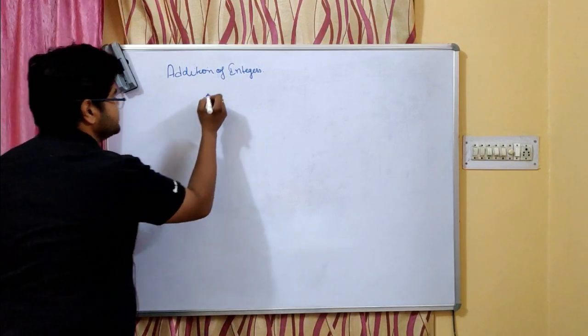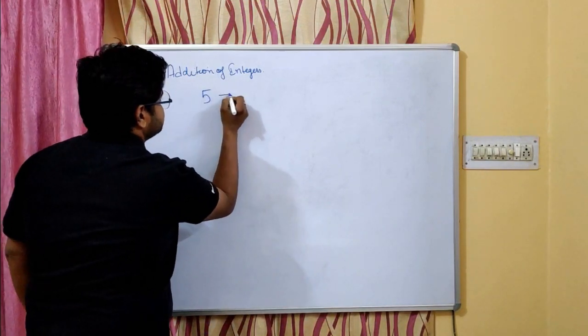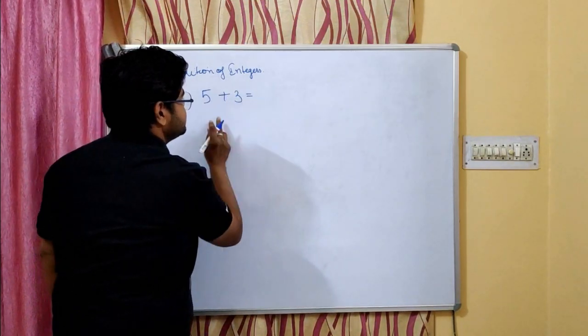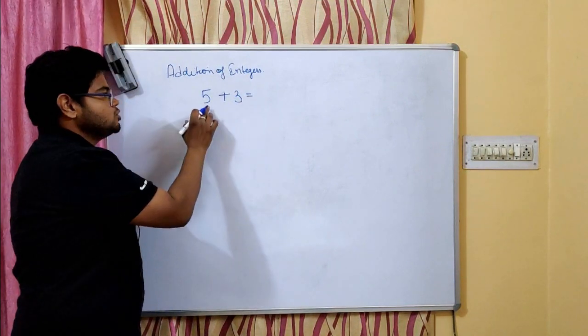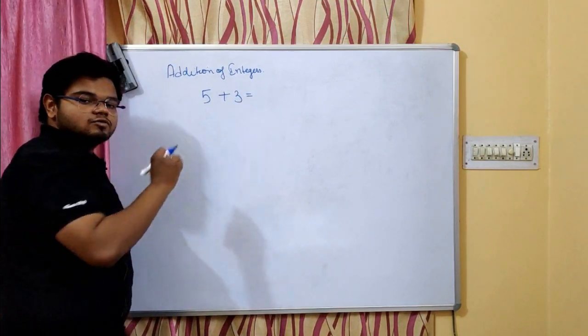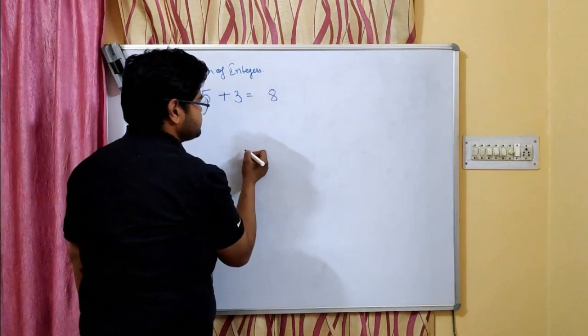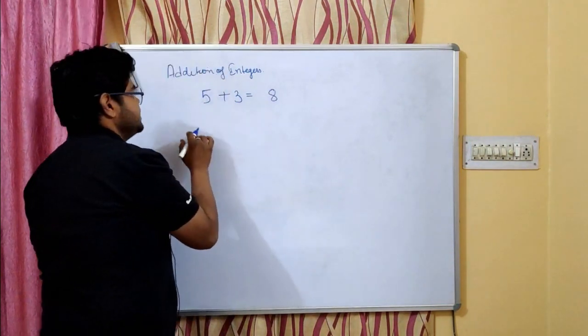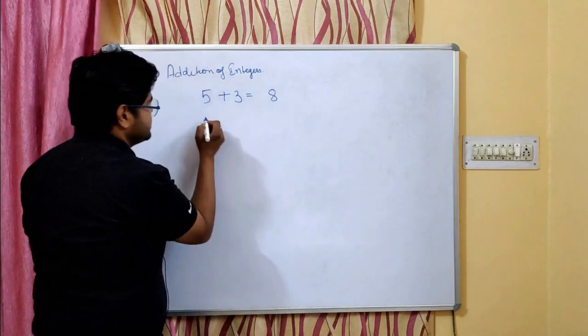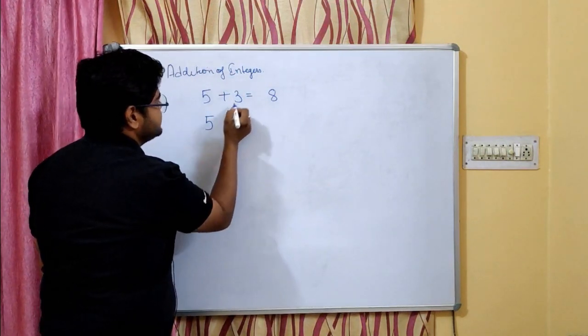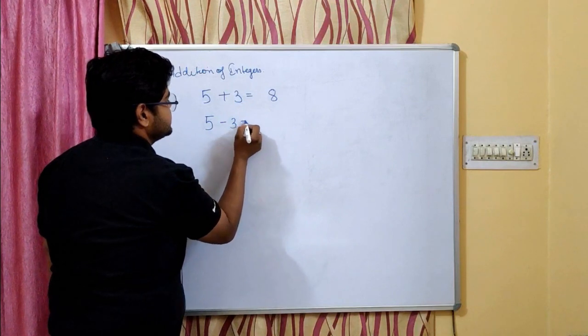So if I need to add 5 to 3, the absolute value of 5 will be 5, the absolute value of 3 will be 3, and the end result will be 8. But here, if we have 5 and the other number as -3, then what will be the end result here?